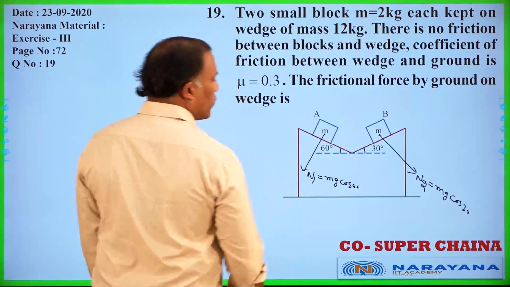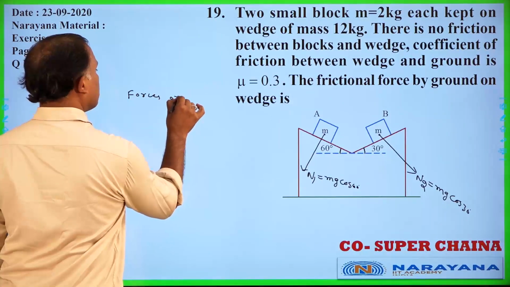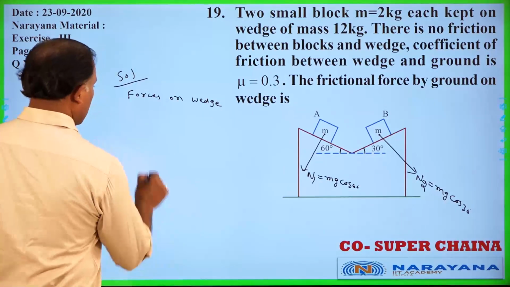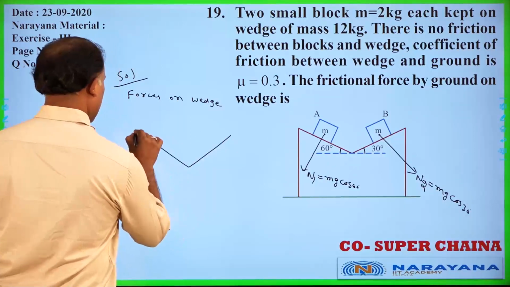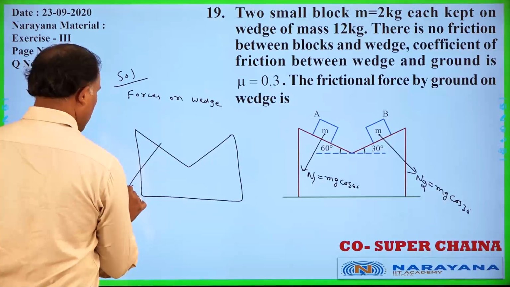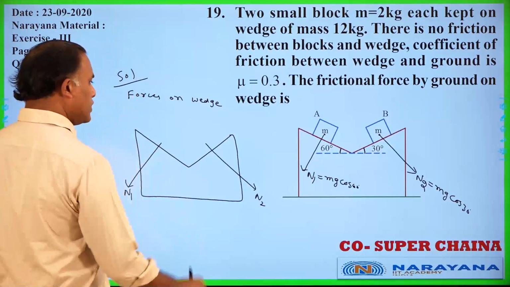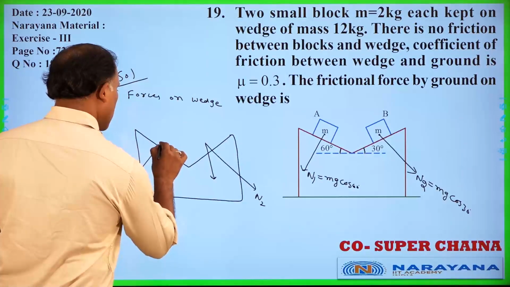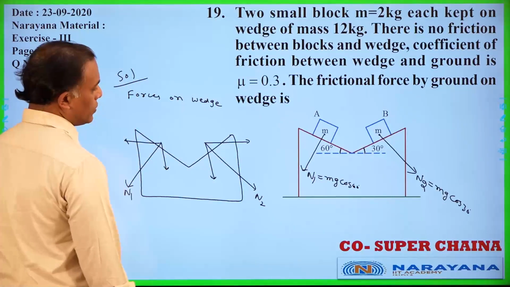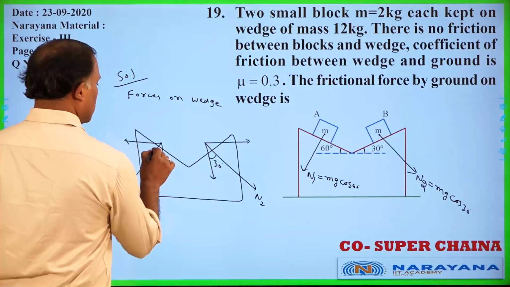Now, what are the forces on the wedge? Let us take the free body diagram of that one. Here it is N1 and here it is N2. Let me resolve those normal reactions into components. This is 30 degrees given to you, and this is 60 degrees.